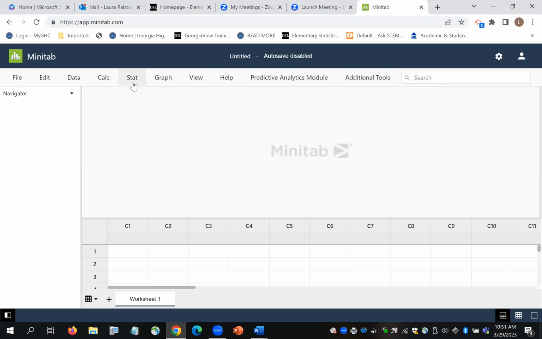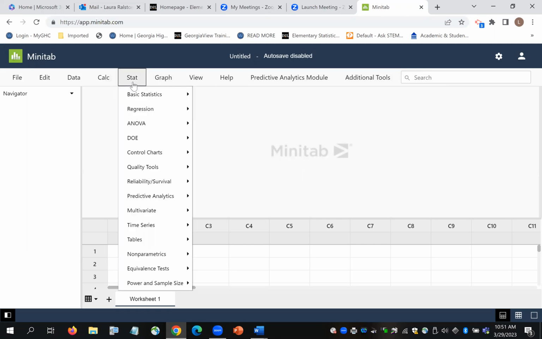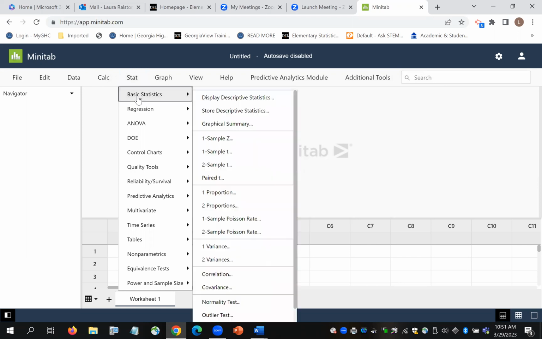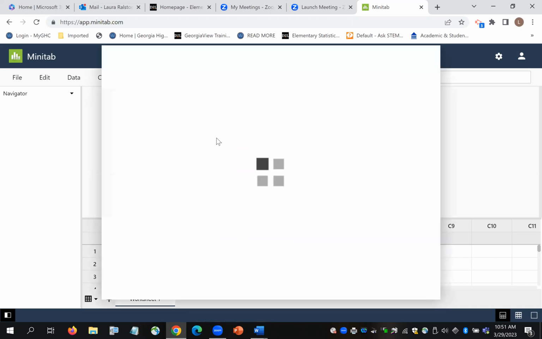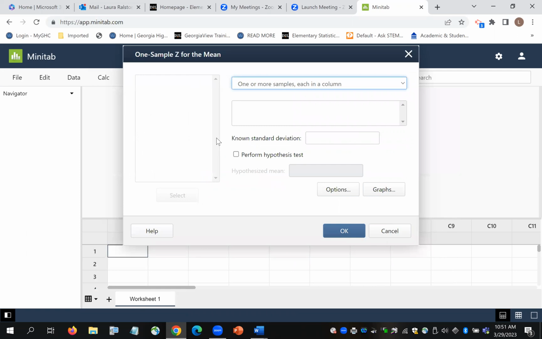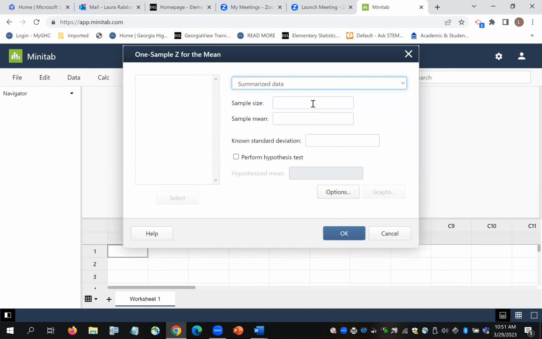Okay, so we go to Stat, Basic Statistics, 1 sample Z. We know we're using Z because we know the population standard deviation. I have summarized data. My sample size was 28.